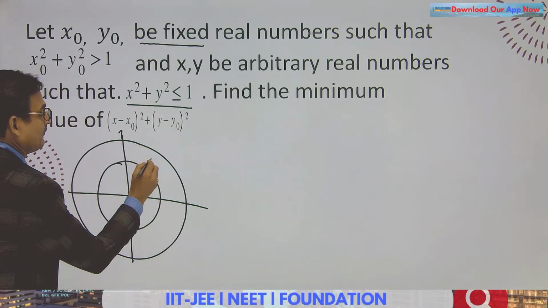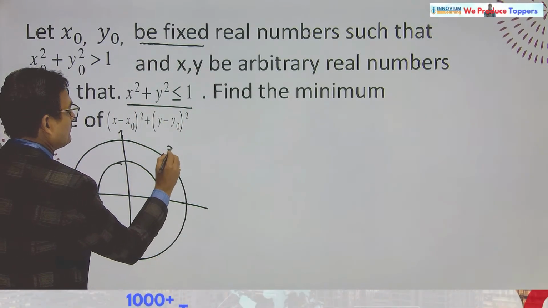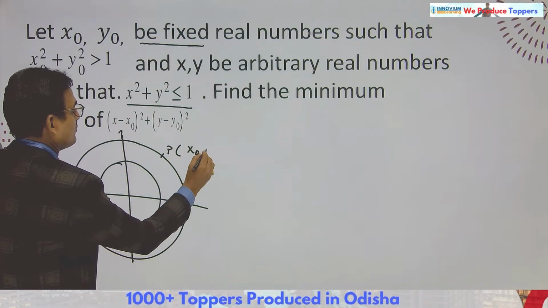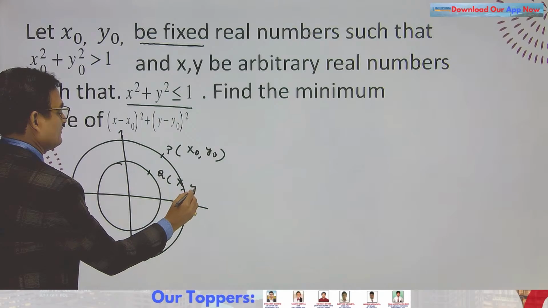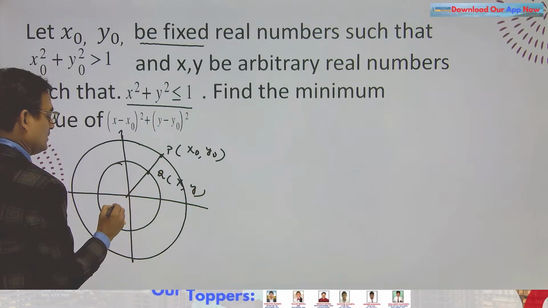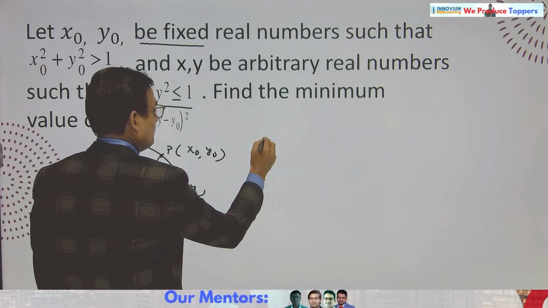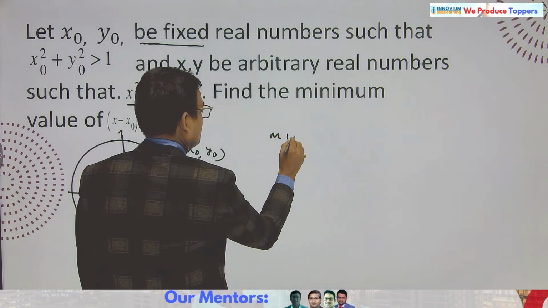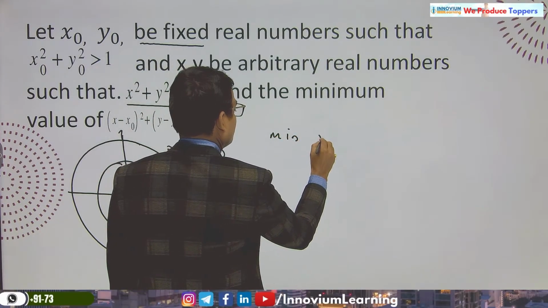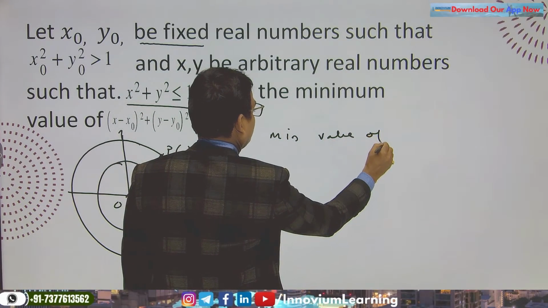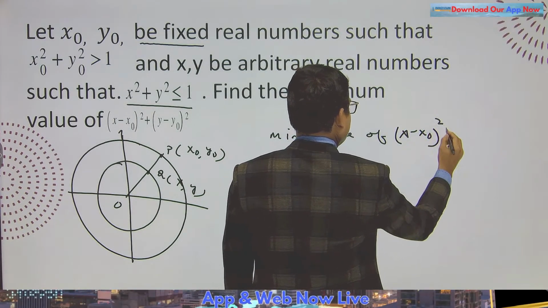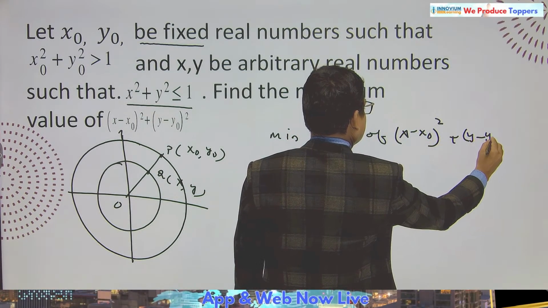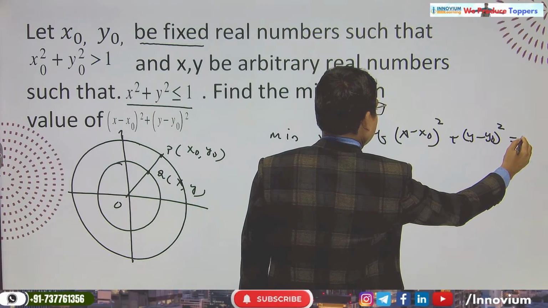Now there is a point P which is x0 and y0, and a point Q which is xy. This is the minimum distance, the minimum value of (x minus x0) square plus (y minus y0) square equal to how much?